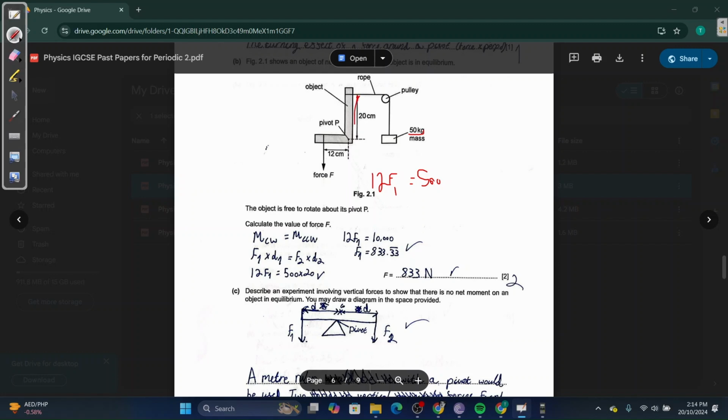Here the perpendicular distance is 20, so times 20. Now you could do it as 0.12 and 500 times 0.20 to make it newton meter, but you don't need to. It's fine because they're gonna cancel out anyway. So we're here now to have F1 equals 10,000.